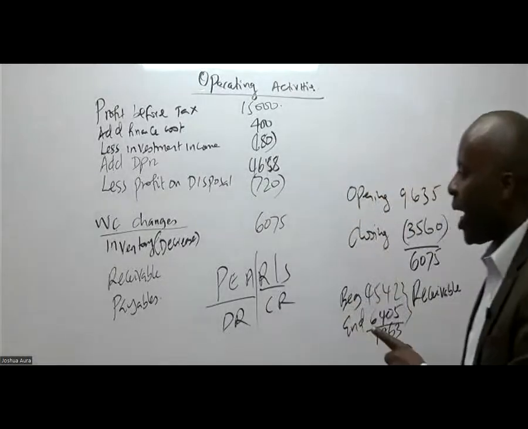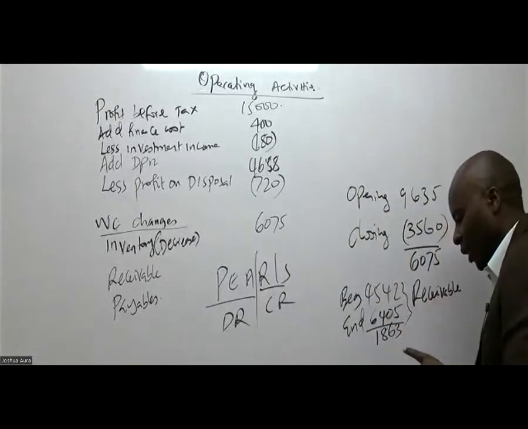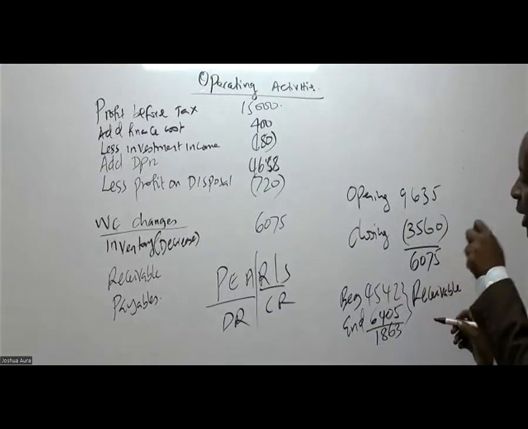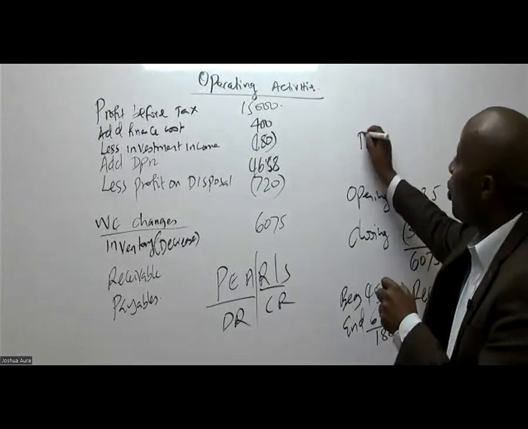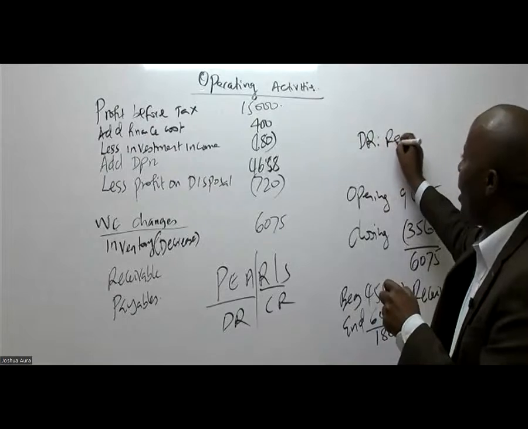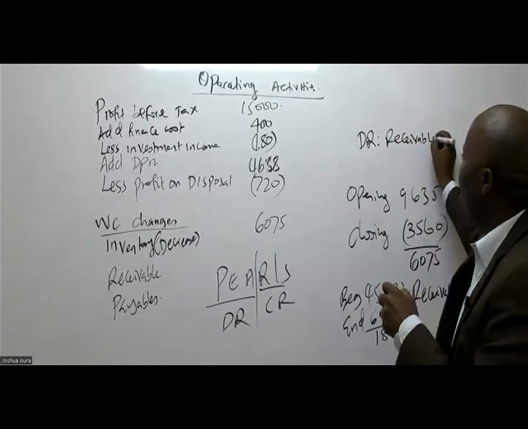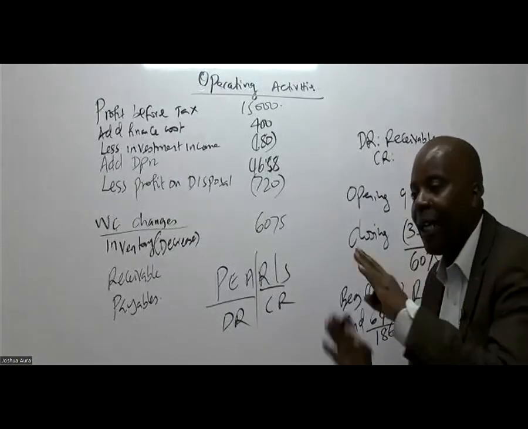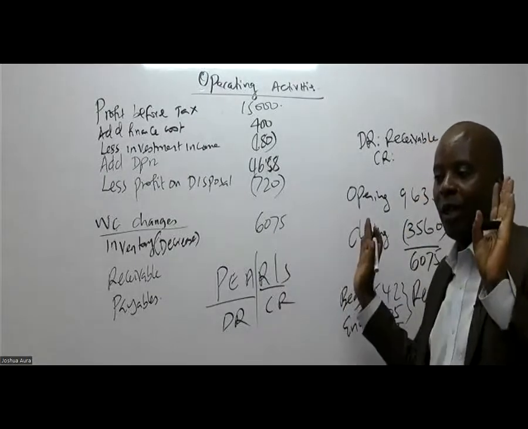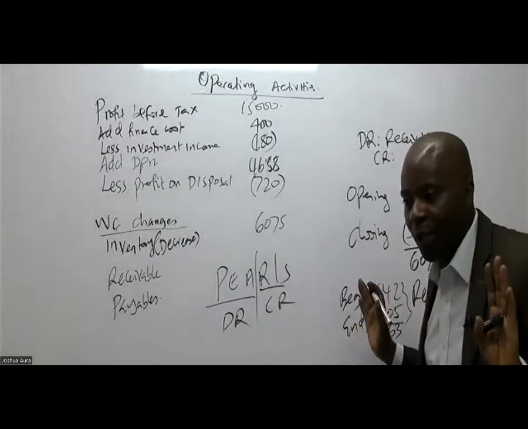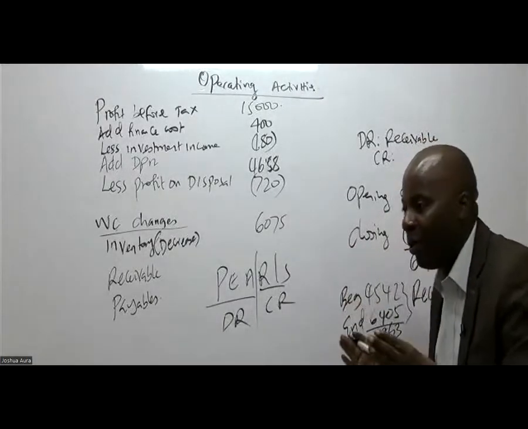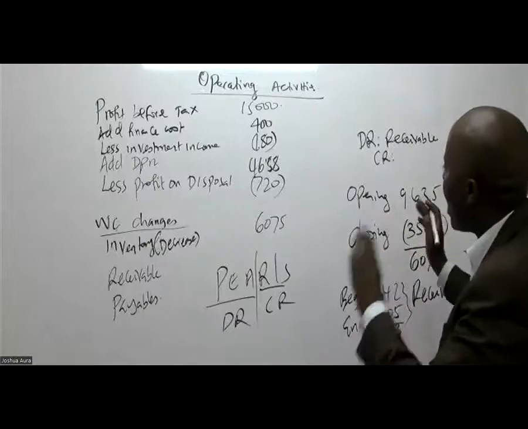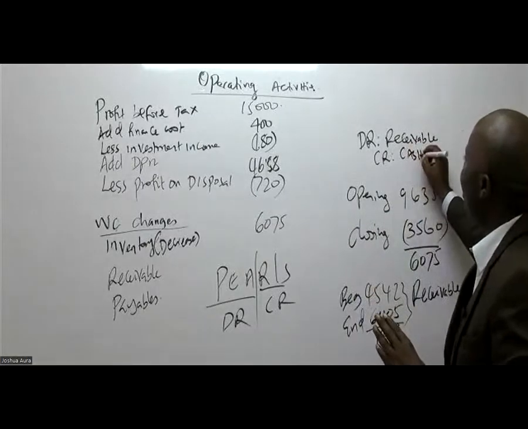Listen, here receivable is increasing, and because receivable is increasing, straight away I should come and debit the receivable. And then of course for purposes of cash flow, the other account is cash flow. So if I'm debiting receivable, I'll come and credit the cash flow.